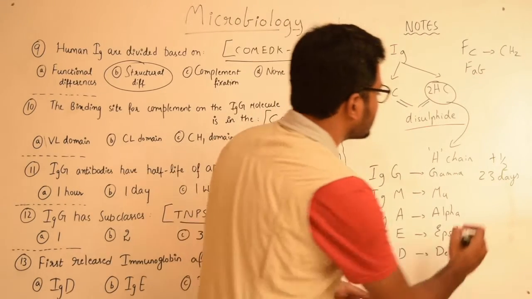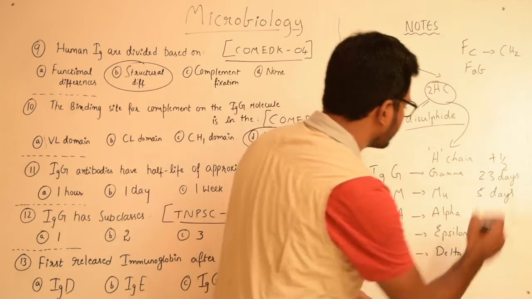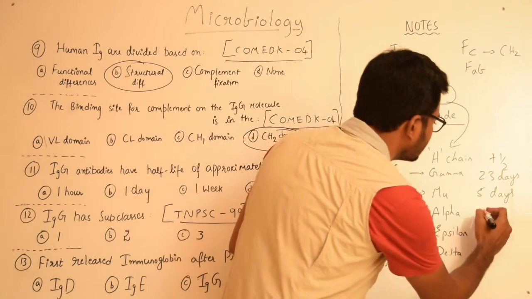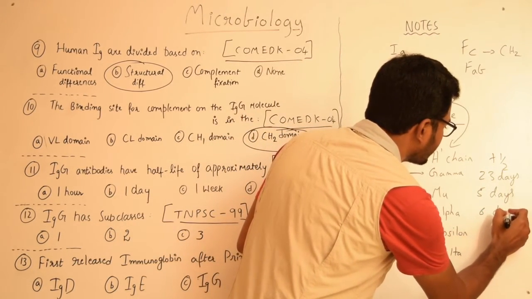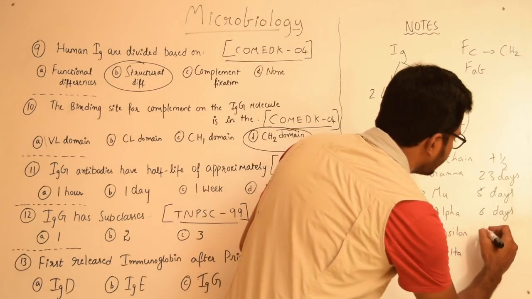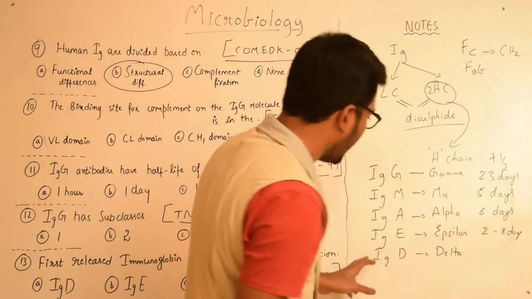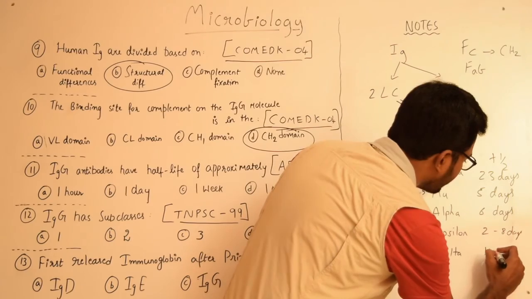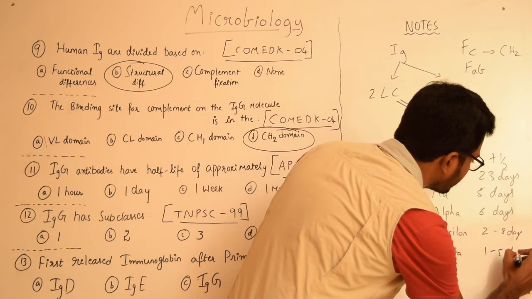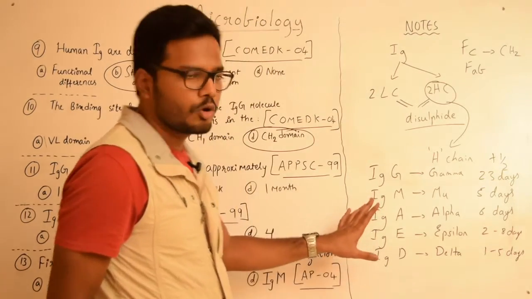For IgM, it is short-lived, T half of 5 days. For IgA, it is 6 days, again a short half-life. For IgE, it is around 2 to 8 days. And for IgD, it is 1 to 5 days. These are half-life values of various classes of immunoglobulins, right?